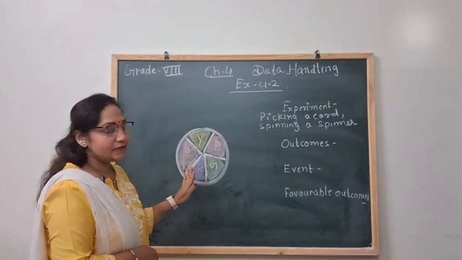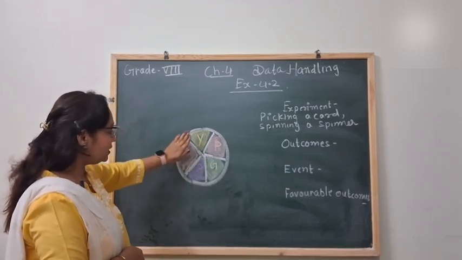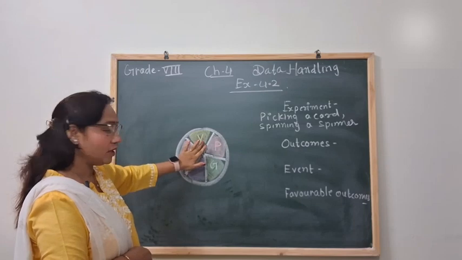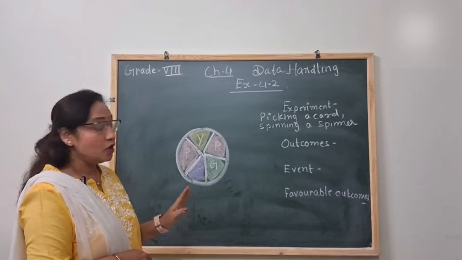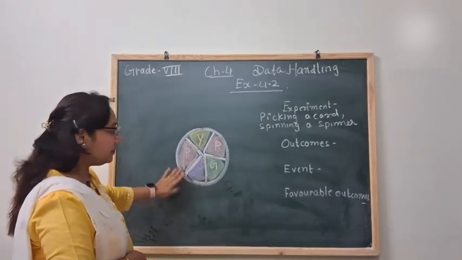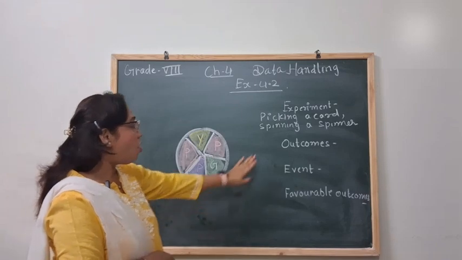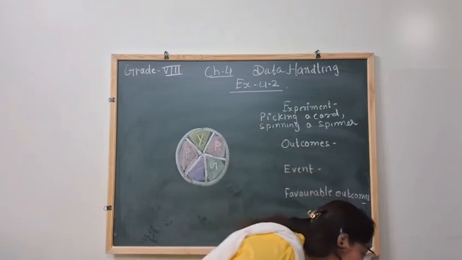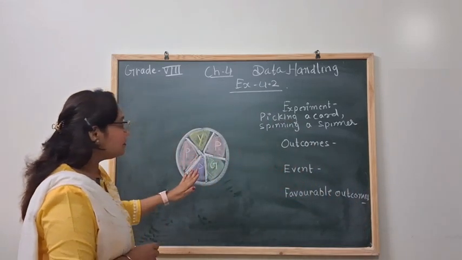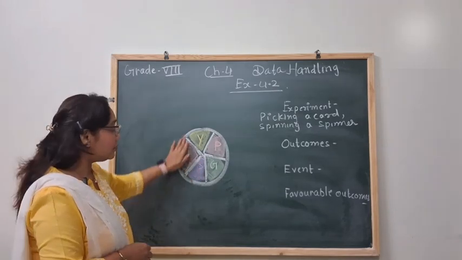Now if you look at this spinner, which colors do I have? I have yellow, pink, green, purple and pink. Now if I say the experiment of spinning a spinner, how many outcomes are there in this experiment? What do you understand by outcomes? Outcomes means possible results.